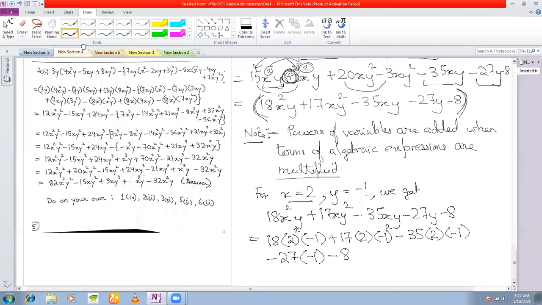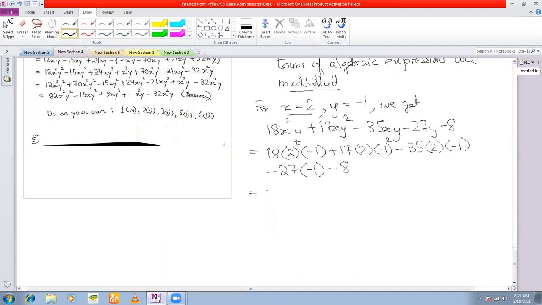Now we are going to find out the value of this. So we have 18. 2 square is 4. -1 we write as it is. Plus 17 into 2. -1 square is simply 1. You know -1 square is 1, because minus into minus is plus, and 1 into 1 is equal to 1. -1 into -1.